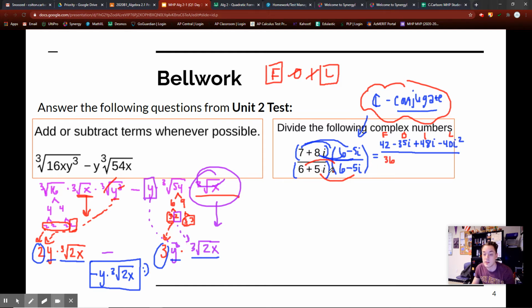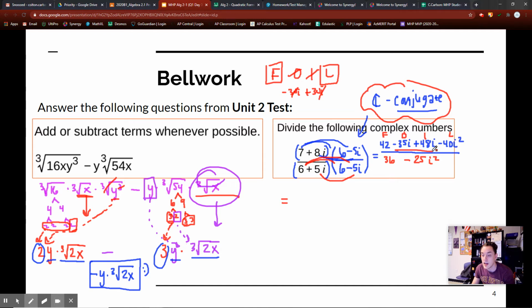And my last terms, 5i times negative 5i, is negative 25i squared. The other 2 terms will go poofy. If you don't believe me, your outer term would be negative 30i, and then your inner term would be plus 30i, 5i times 6. They go poofy. That's the purpose of doing the conjugate.